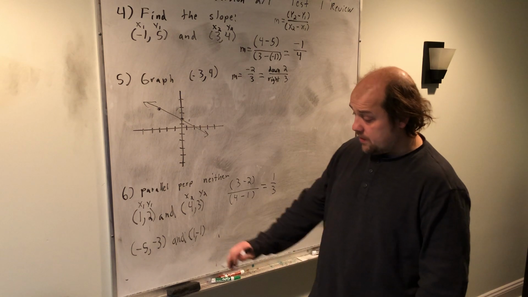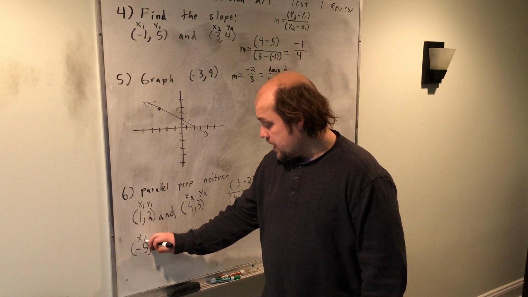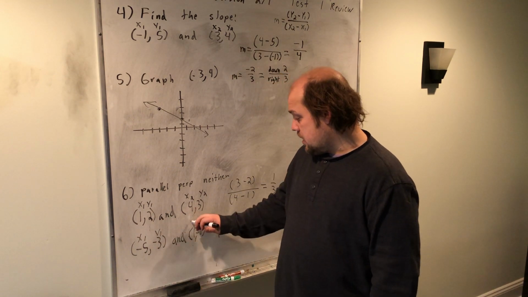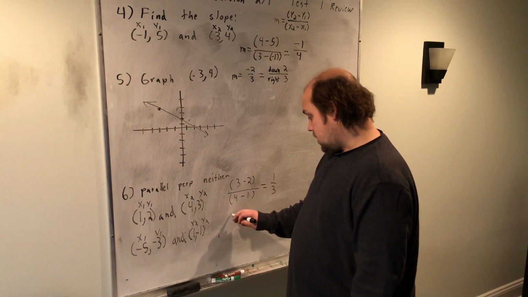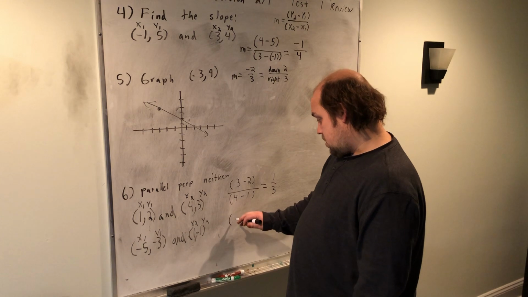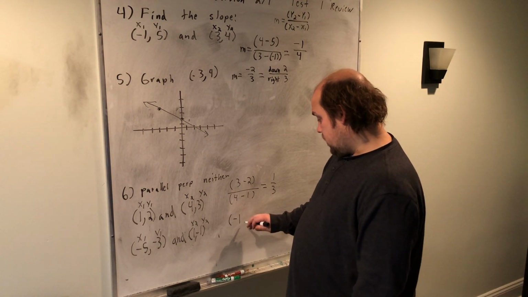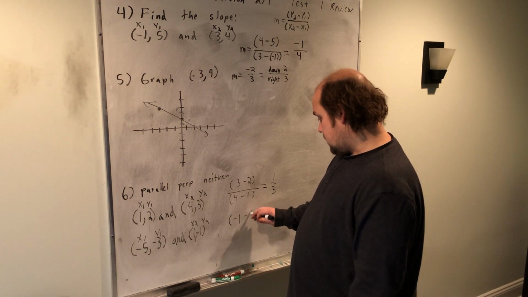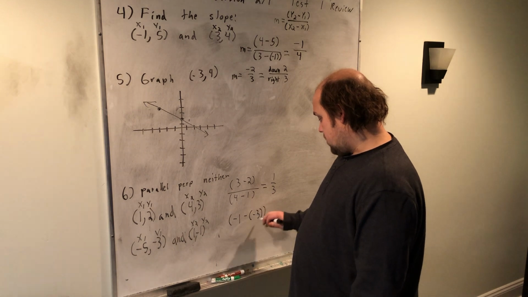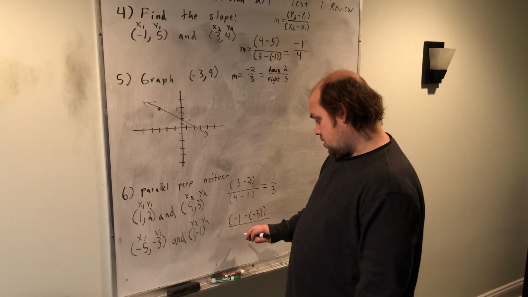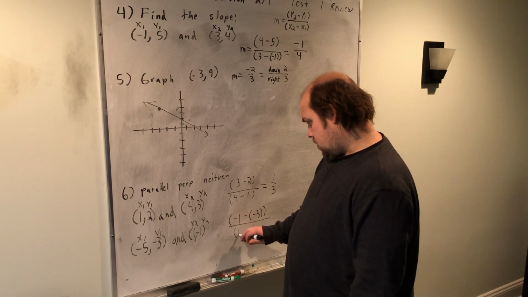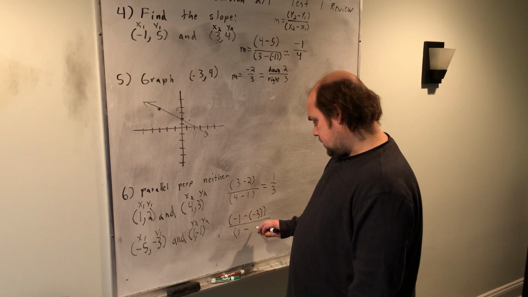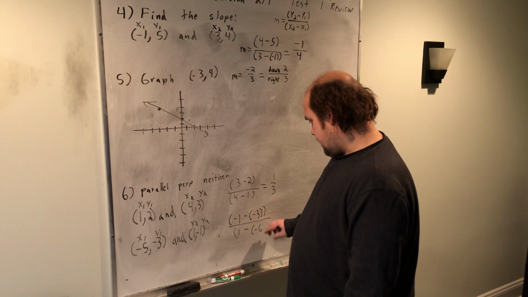When I do the same thing for the second set of points, x1, y1, x2, y2, then I get -1 minus -3 over 1 minus -5.